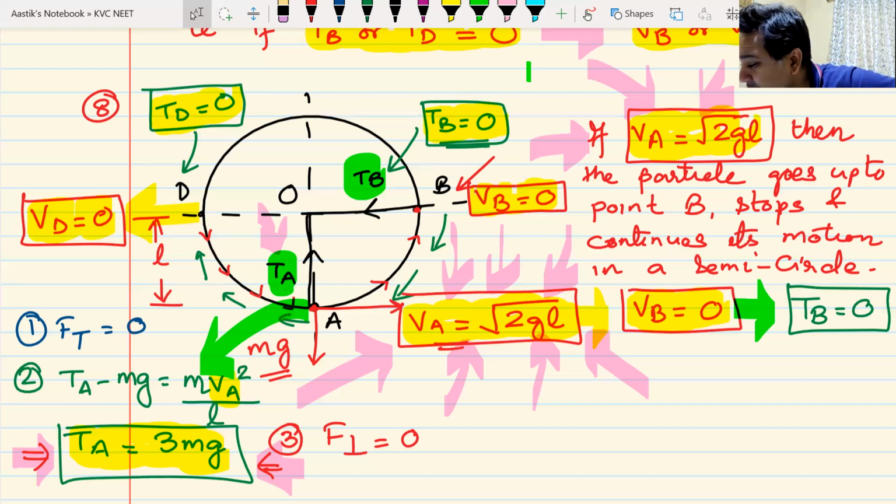The velocity at point B becomes 0. Tension also becomes 0 at the same point. It stops there for a moment, and then it comes back. It again passes through point A, and goes to point D on the other side. Again there it stops. Velocity becomes 0. Tension becomes 0, and it continues its journey in a semicircular path.